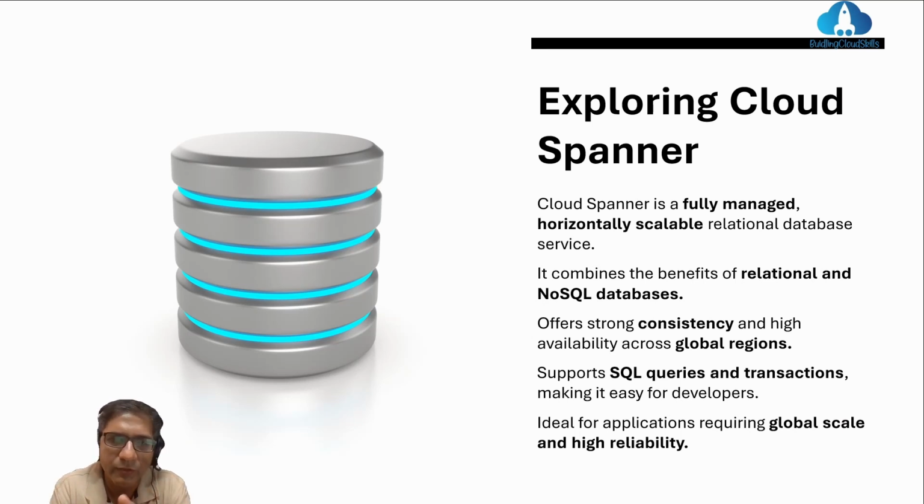It's a global database, so I can have nodes running across different regions. I can have one node in Iowa, other one in maybe Salt Lake, and one in Dallas, and still they can replicate the data among themselves with strong consistency. So it's a globally available relational database solution, but it's a proprietary solution from GCP.